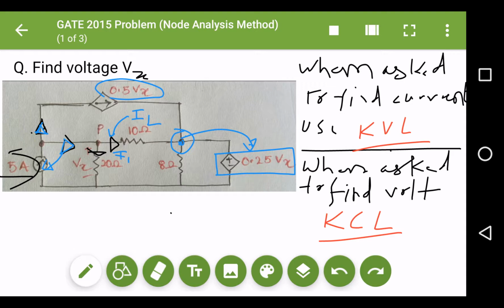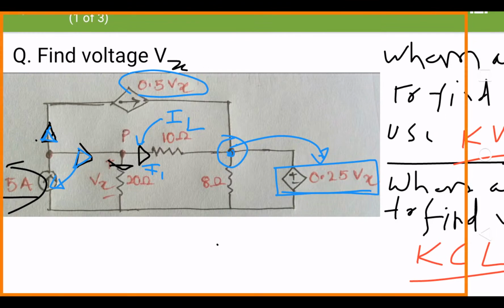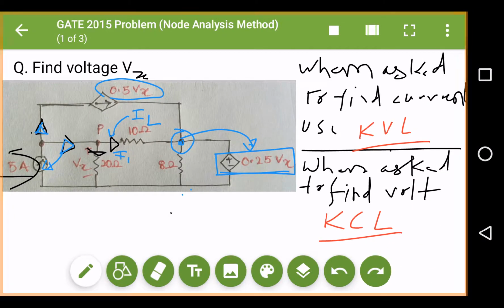It is easy to understand, no rocket science. Don't worry, because the network is already provided: the 8 ohm branch is parallel with a voltage source, and that voltage value is the voltage of this point. Are you getting it? So let's begin.